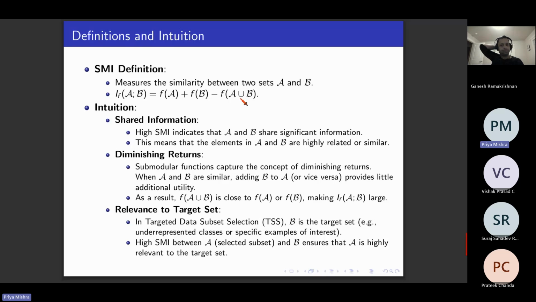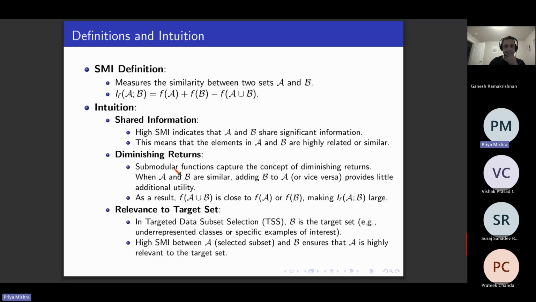When they are different, A union B will have more value because it is a monotonic function and many classes will be added. So when two sets are similar we will have a high SMI value, whereas when they are different we will have a low SMI value.